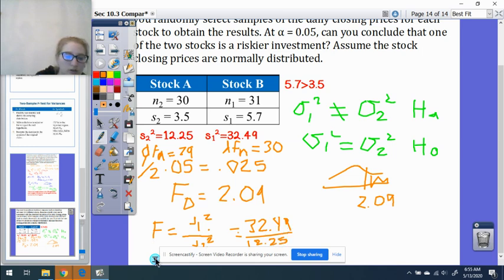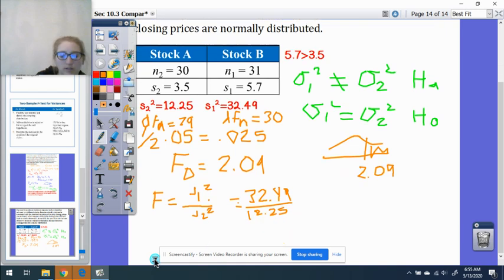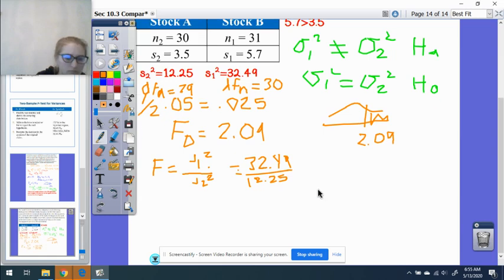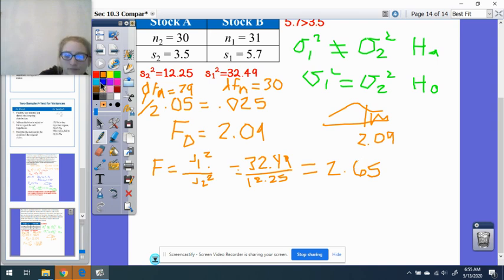And if I do that, I'm going to get 2.65. All right, so is that in my rejection region? It is. It's here. So what does that mean? We're going to reject the null.